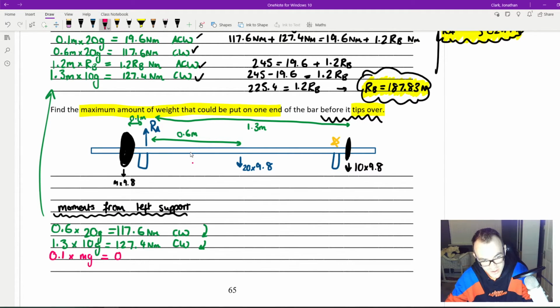Okay, cool. 0.98 m. There we go. Once again, we say these forces are going to be balanced. So let's set it up: moments clockwise equals moments anti-clockwise.